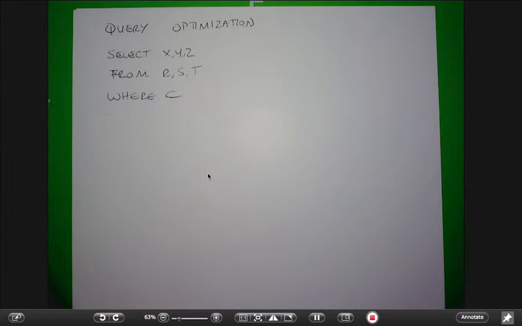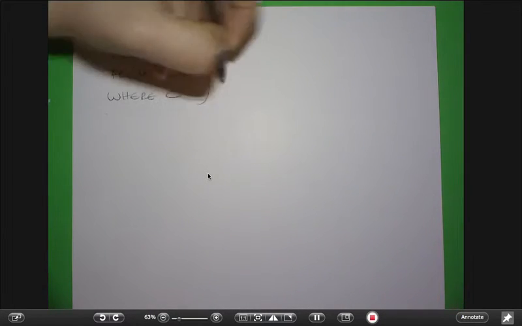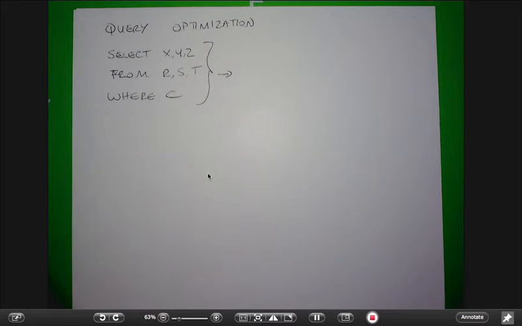And you've written this, and hopefully this is not a horrible query, because no database will be able to recover from horrible queries. But for the most part, you have not really thought about where the database is stored, or if there are indices, and those are all going to be important. Given a query like this, what the database wants to do is create what's called a query plan.